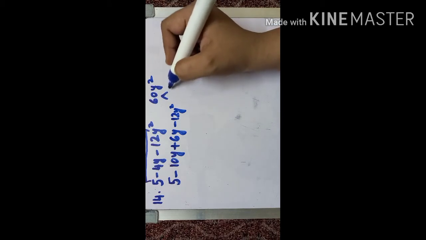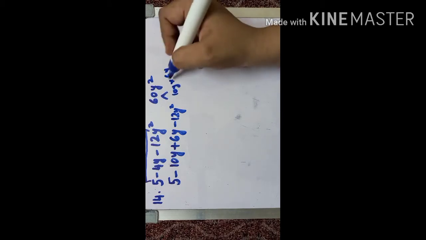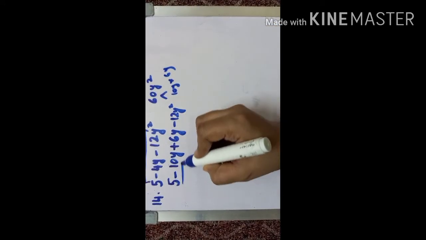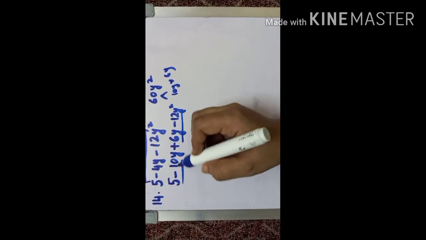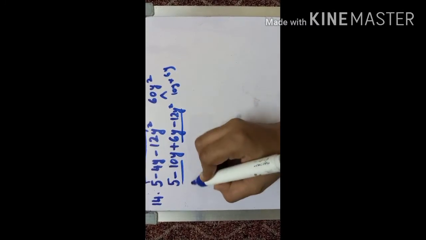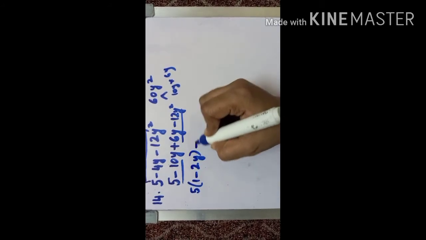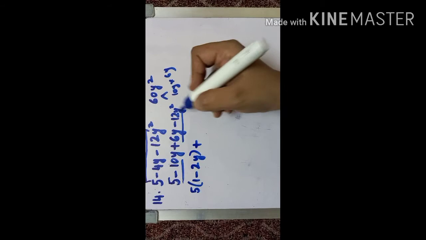Okay, so this 60y square, how are you writing? 10y into 6y. 10 6s are 60, y into y will be y square. Now here you have to take common. 5 and 10y is there, so let us take 5 common, then 1 minus 5 2s are 10, then y, plus here 6y minus 12y squared.